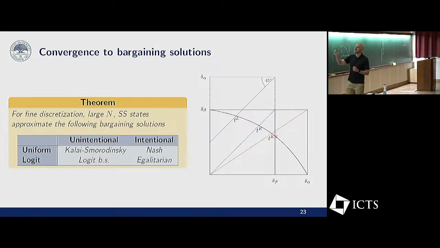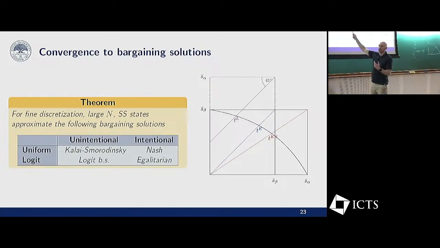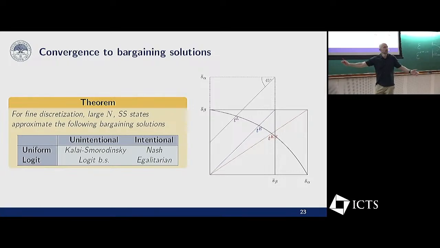So it's kind of nice that in this small world of perturbed best response dynamics, logit and uniform are well known, unintentional is well known, intentional is less used, but as I say, it turns out to be what people do in the lab, and also it's a very simple way to describe it, like truncate, truncate.